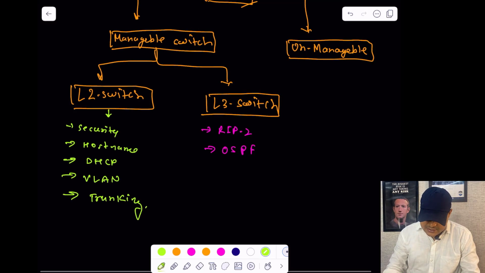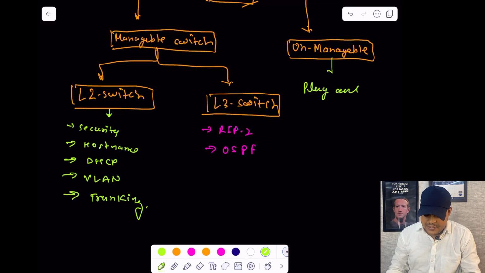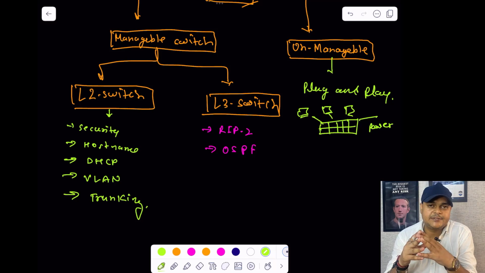As the name suggests, an unmanageable switch is used for plug and play. Plug and play means it gives us an option to just connect your devices. It requires one power supply; you just connect the power cable, and by using the available ports we are able to connect all network devices.